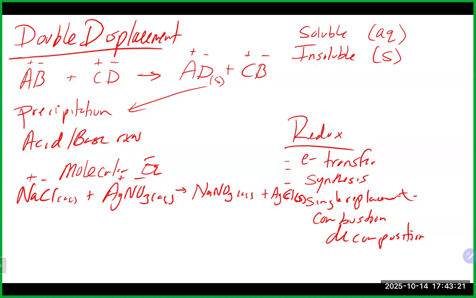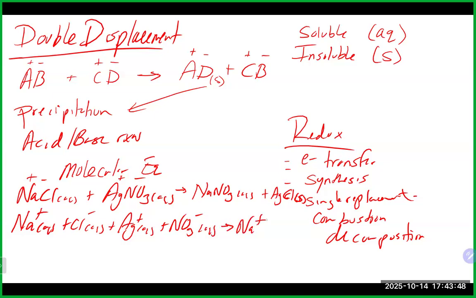So it should be the one we were doing last time as well. So here we have the molecular equation. We could write a total ionic equation, which shows anything that's a strong electrolyte will break apart, like the sodium and the chloride would break apart. The silver and the nitrate would break apart.